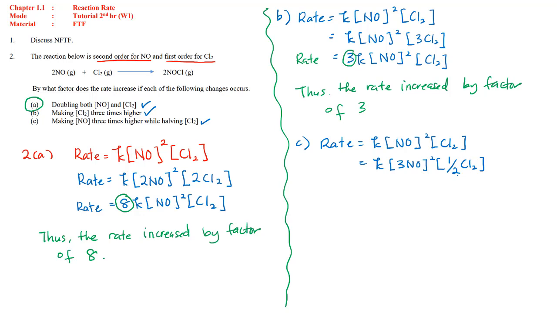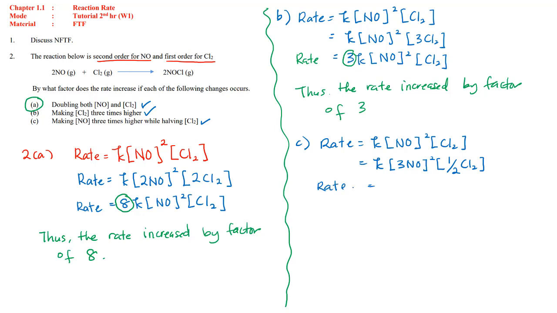Berkurang menjadi separuh. Okay, alright. Ataupun bertambah separuh lah. Separuh je bertambah. Dia bukan bertambah sekali ganda ke apa. Okay, jadi kita selesaikan 3 power of 2 9 divide by 2 4.5.